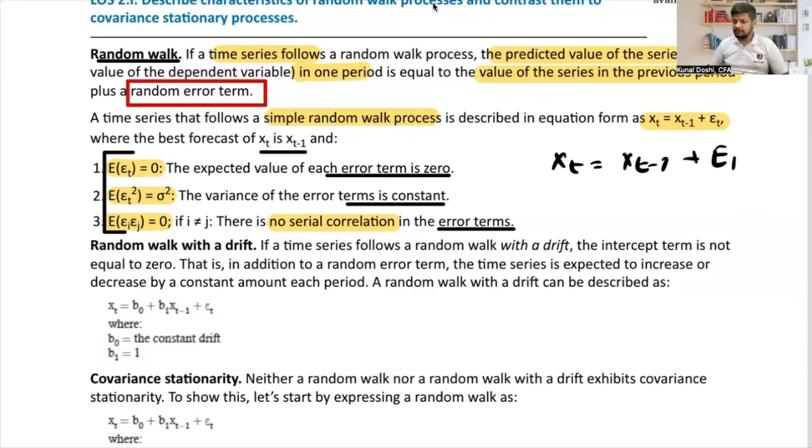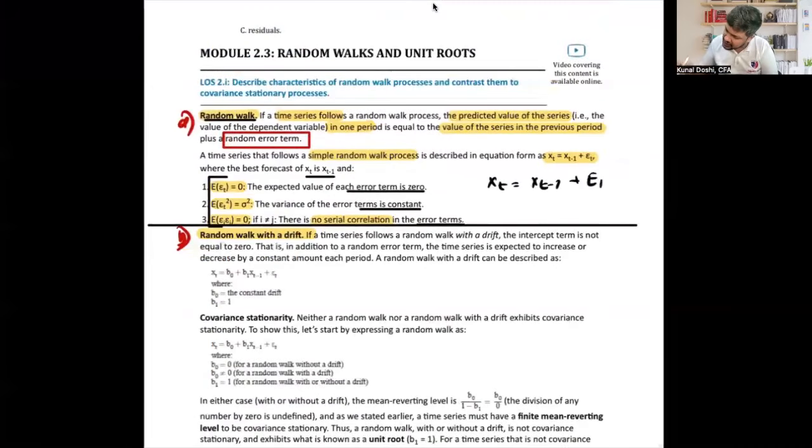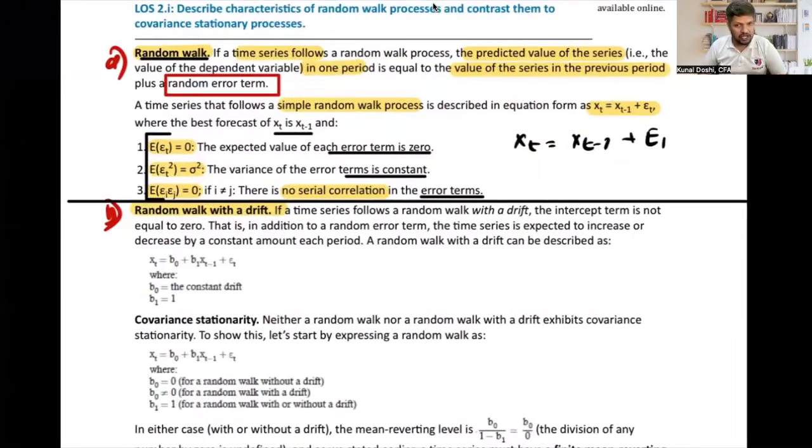Now, before I go ahead with random walk with a drift, until now you might not understand what exactly is going on. So, to understand systematically, remember, random walk is similar to the regression equation, but one thing that I did not include in that equation is that B0 was 0.